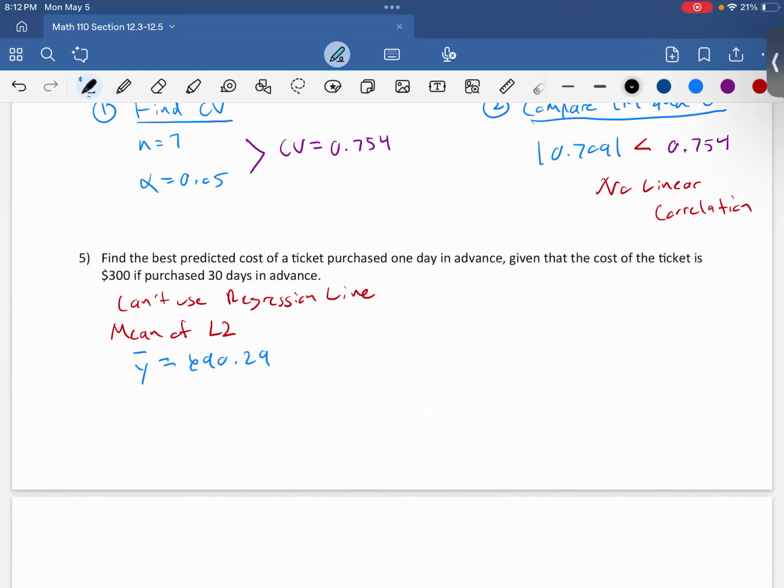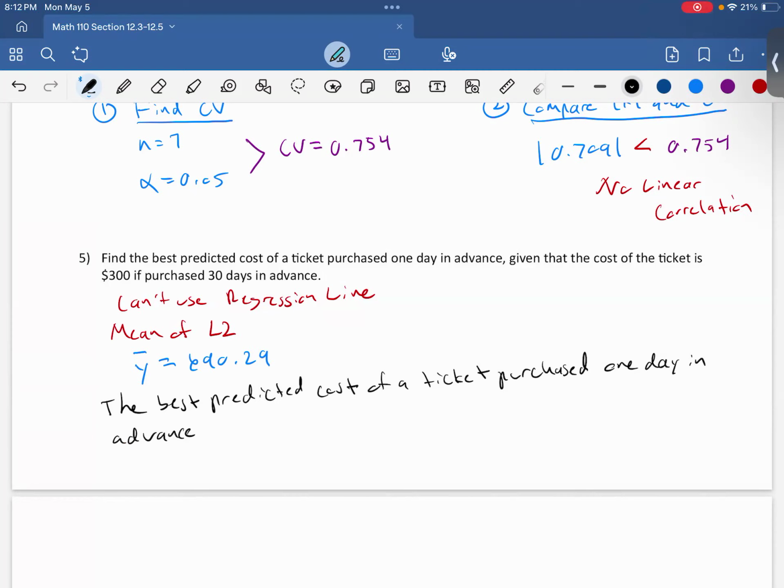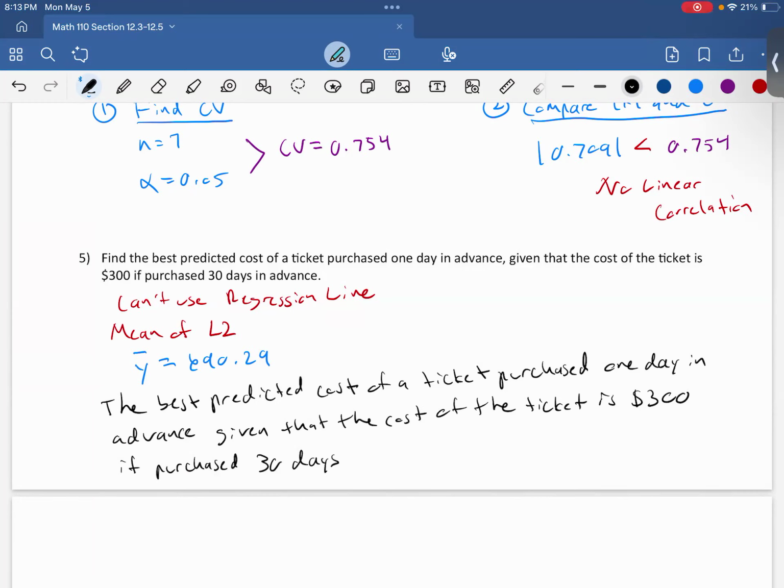All right, so what that means is the best predicted cost of a ticket purchased 1 day in advance, given that the cost of the ticket is $300 if purchased 30 days in advance, is $690.29.